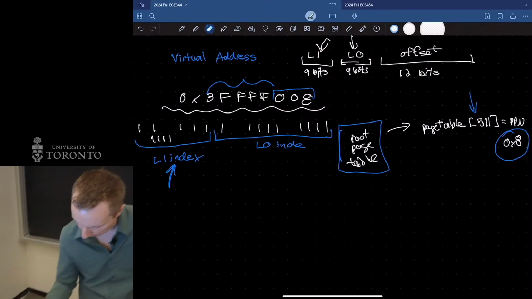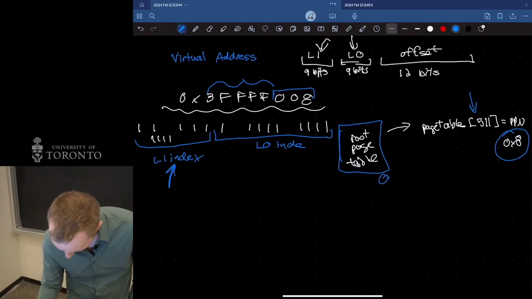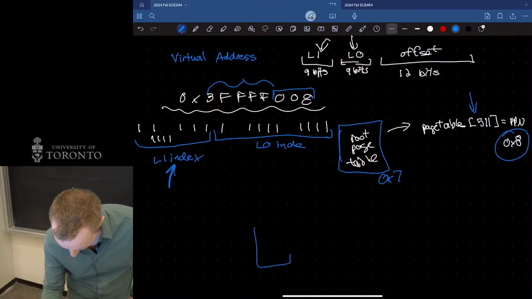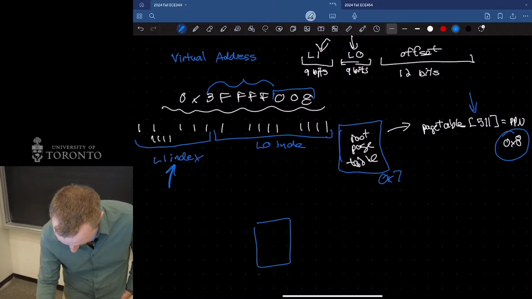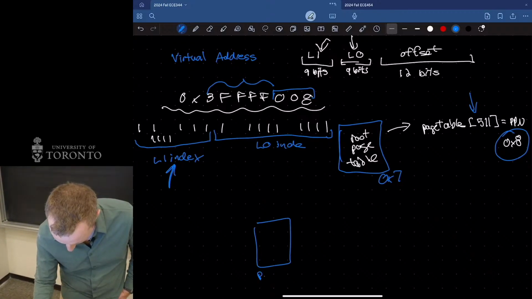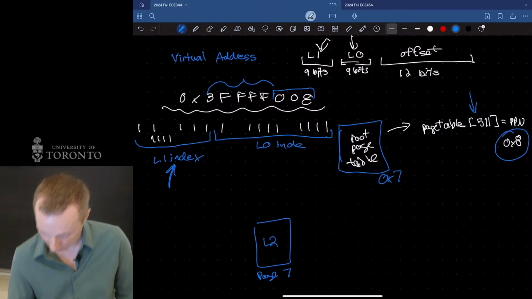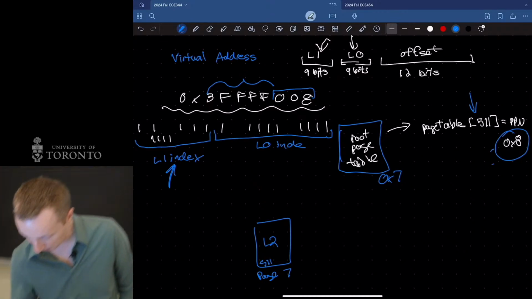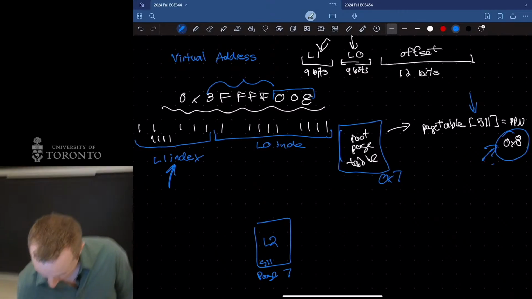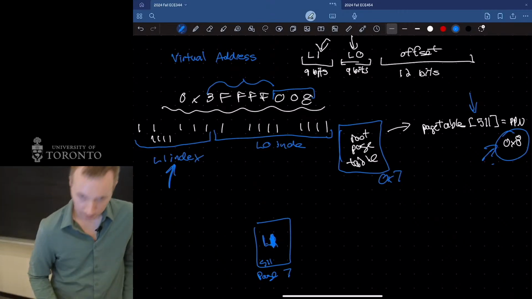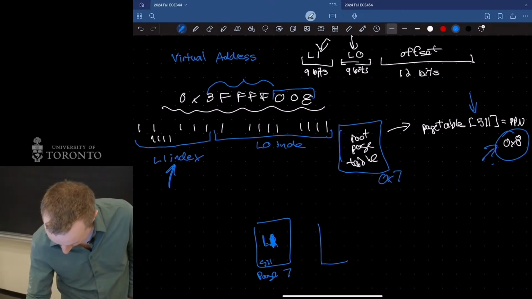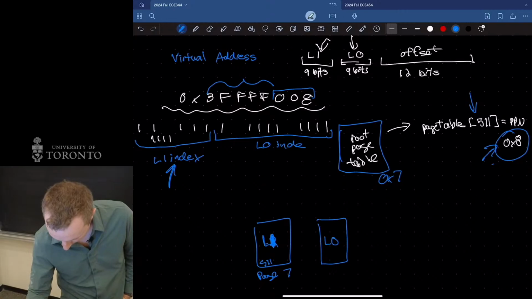Say the root page table lives at page 7. So in memory, page 7 would have my L1 page table. Somewhere on it is an entry for 511, and that told me how to find the L0 page table, which is on page 8. So page 8 would have my L0.